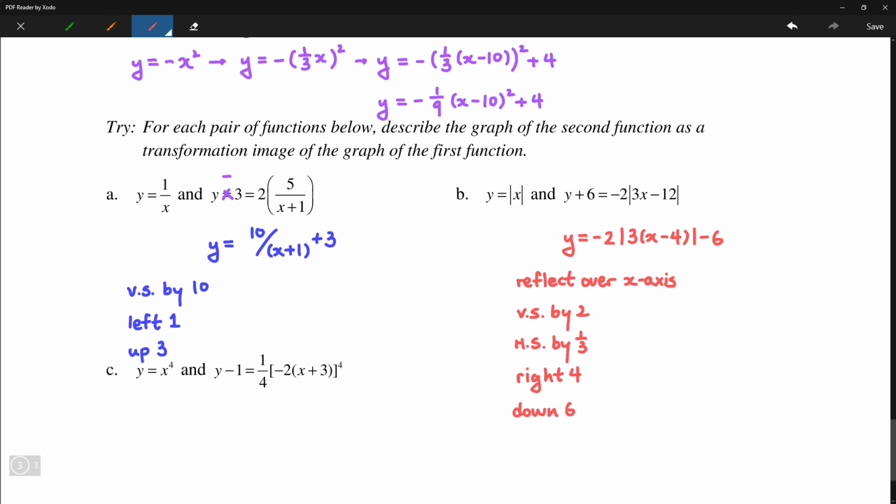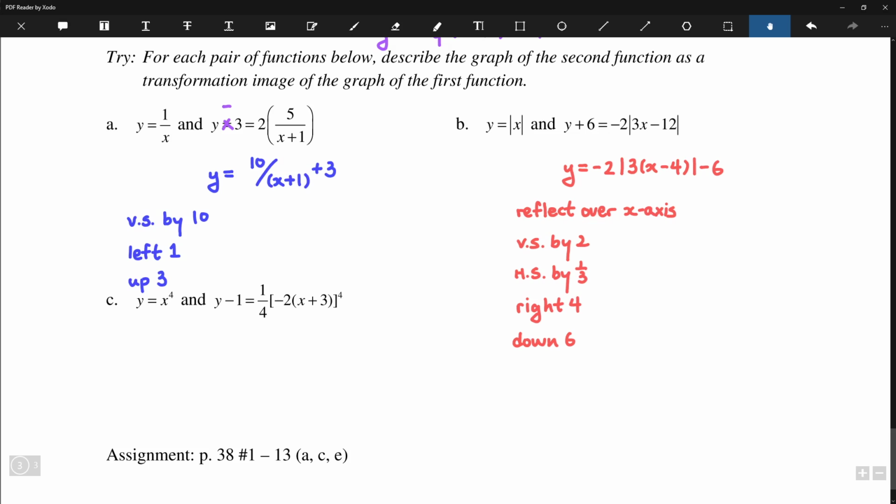All right, last one. Well, the good news is most of this is already factored out, so we just need to list the transformations, starting with the 1/4, so vertical stretch by 1/4. And then there's a reflection over the y-axis.